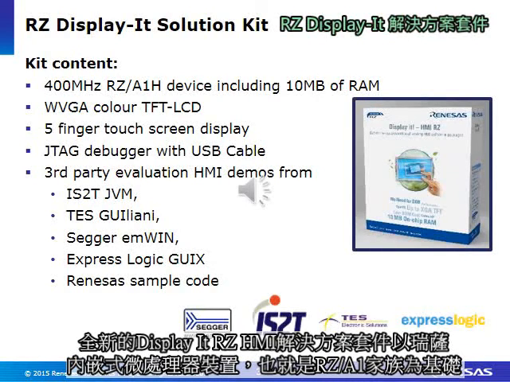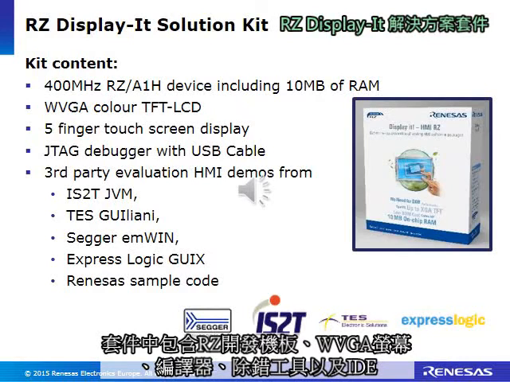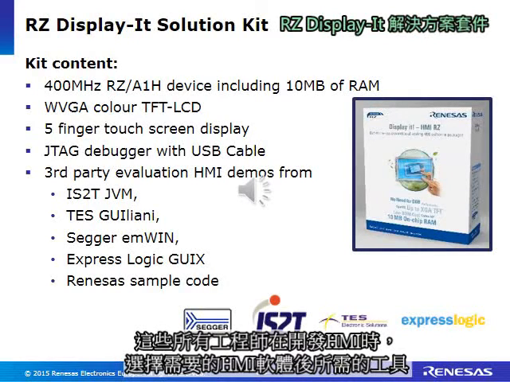The new display RZ HMI solution kit is based on Renesas RZA1 family of embedded microprocessor devices. The solution kit also includes the RZ development board, a WVGA screen, compiler, debugger, and IDE, everything engineers need to start their HMI development once they have selected the HMI software they require.